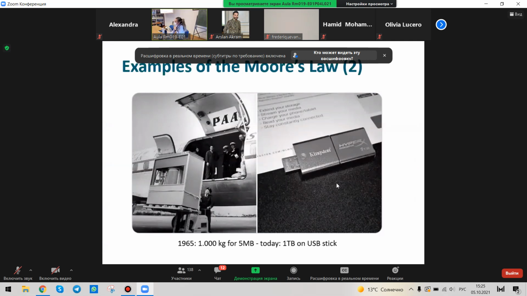So this is how technology evolves, and how, in the example of Intel, the density of the technology evolves according to a power law, okay?